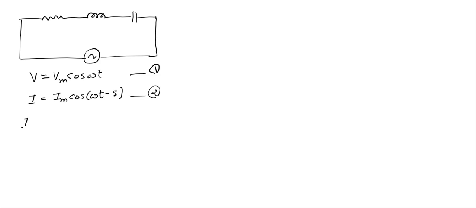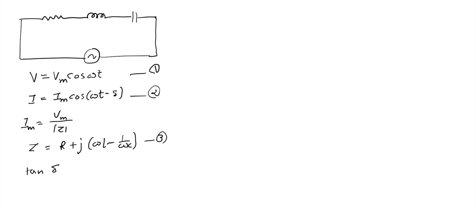What is Im? Im is Vm by mod Z. And we know that in this circuit Z is R plus j(omega L minus 1 by omega C), XL minus XC also we may say, and tangent of the phase of impedance is (omega L minus 1 by omega C) upon R.